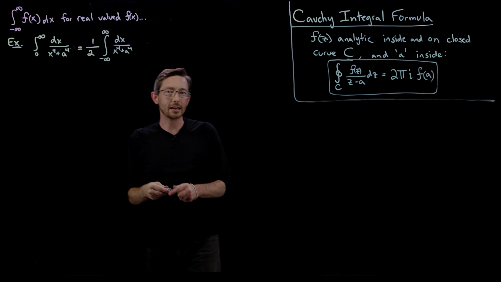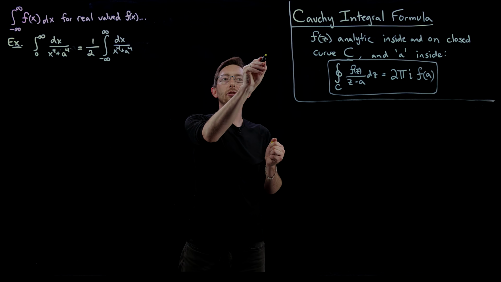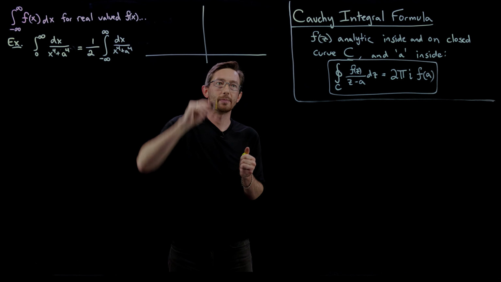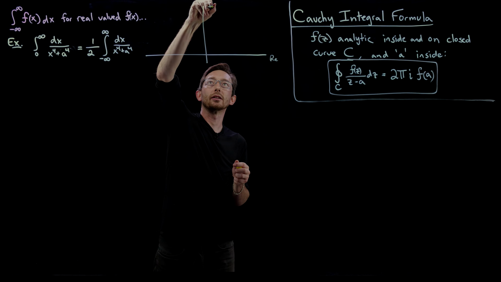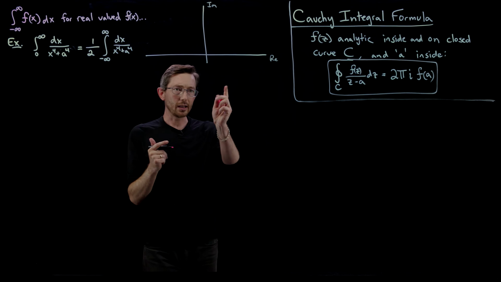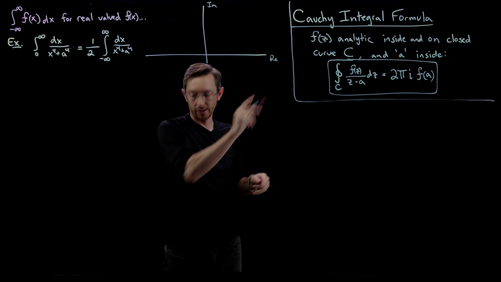And where this is going to get really interesting is in the complex plane. So this is my real axis, and this is my imaginary axis. Essentially what we have here is we are integrating along this axis from negative infinity to infinity.